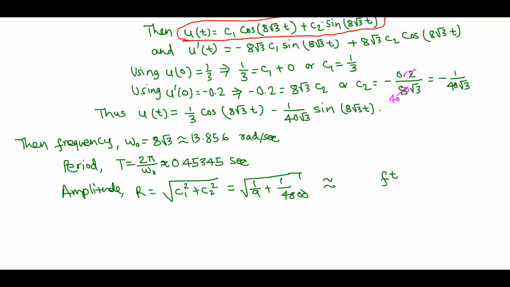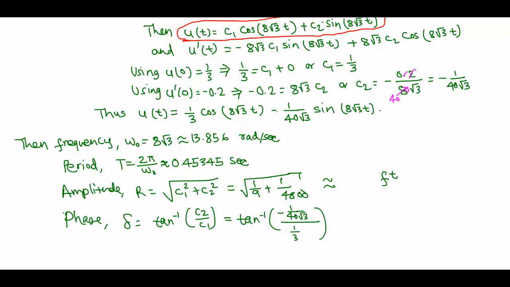And finally the phase is given by tangent inverse of c2 over c1, plus pi. It could be plus pi, we'll determine in a moment. That's tangent inverse of c2, that's negative 1/(40√3), divided by c1, and c1 is 1/3. Look at c2, which goes with sine. Sine is negative, cosine is positive. So we are in the fourth quadrant because cosine is positive here and sine is negative.